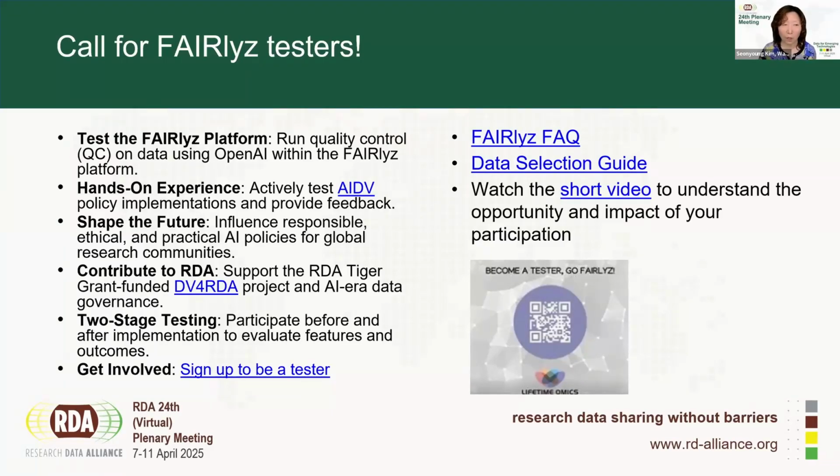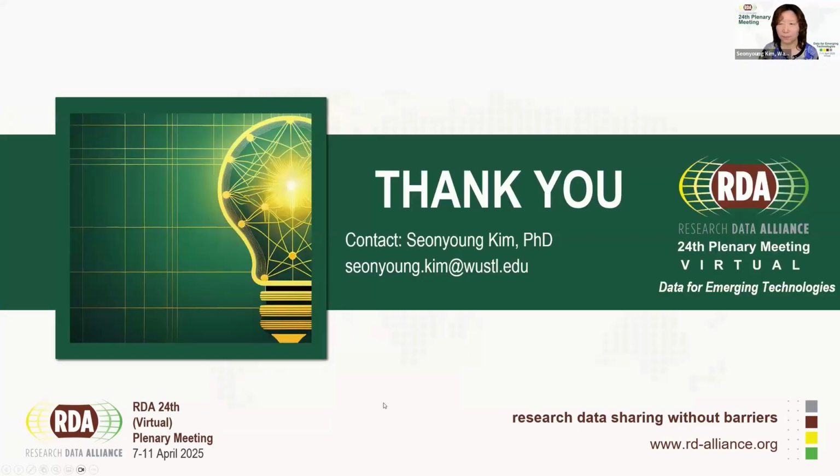It's a very good way to improve your metadata. You can also contribute by providing feedback. So I would like you to check out the FAIRlaser FAQ and data selection guide, watch the short video, and scan this QR code to FAIRlaser. So thank you, and I will end it here.